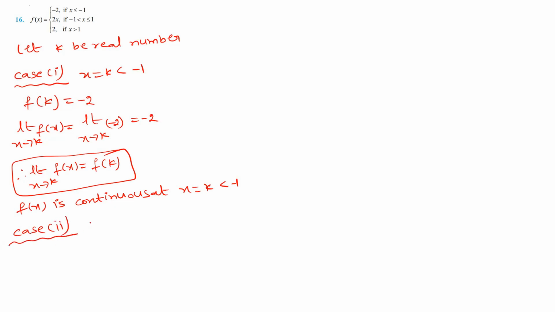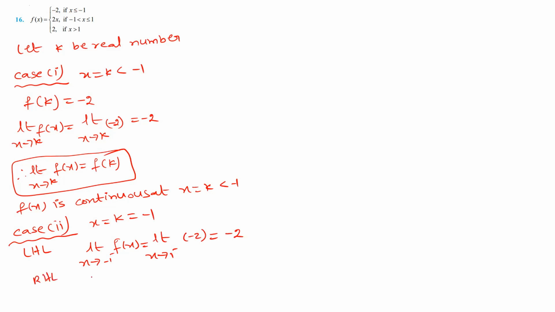Case 2. So case 2 is x is equal to k, which is equal to -1, we are taking here. So the first one is LHL. So LHL means less than -1, so we'll get -2. So limit x tends to -1 minus f of x is -2.